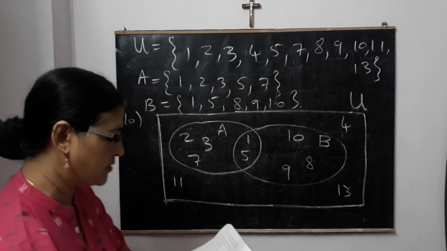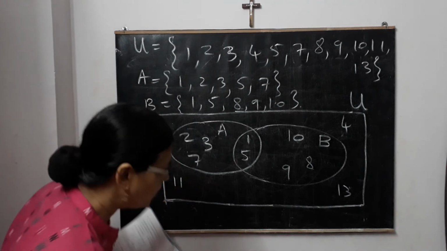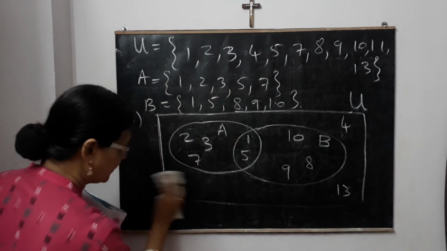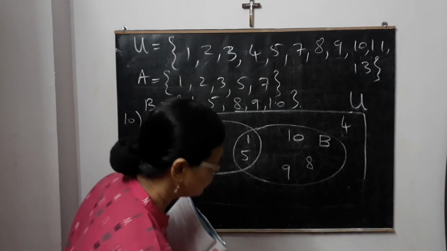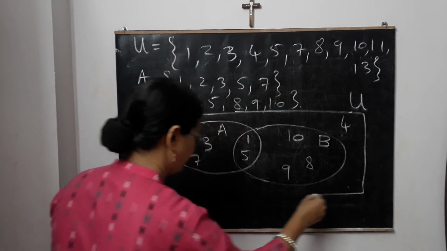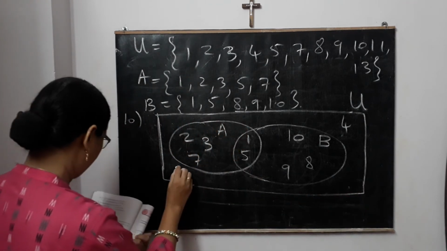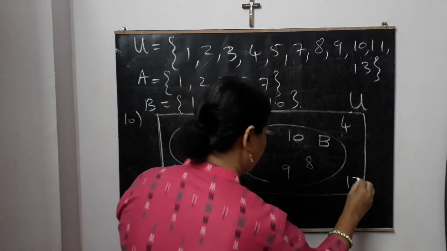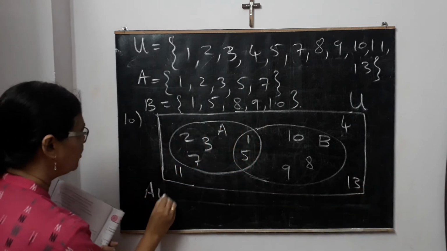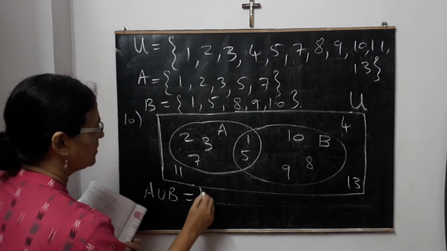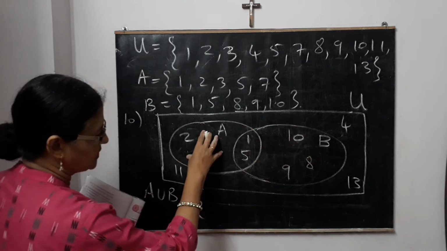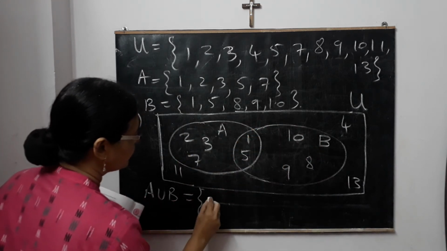Then they have asked you for the union and intersection. We will take A union B. What will be A union B? All those elements which are in A and in B. So that we will write.